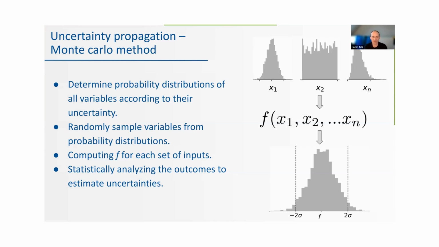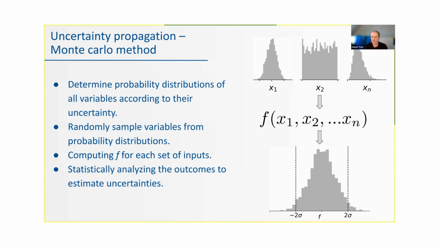The way the Monte Carlo approach works is you, instead of using the uncertainties for all your variables that are carrying uncertainty, you now get a probability distribution shown here on top for each of these variables. These distributions are, of course, according to their uncertainties, but they also have more information.